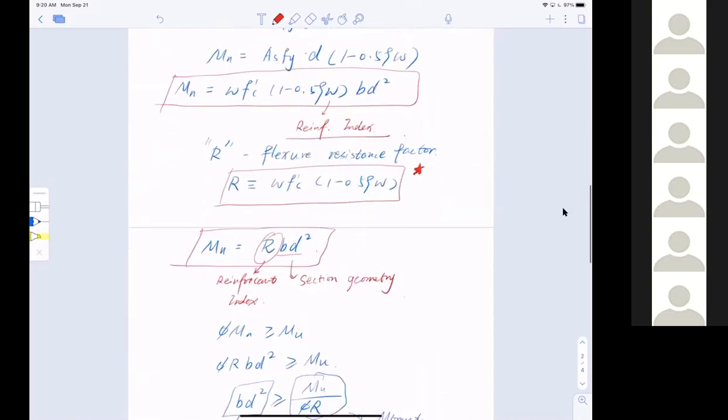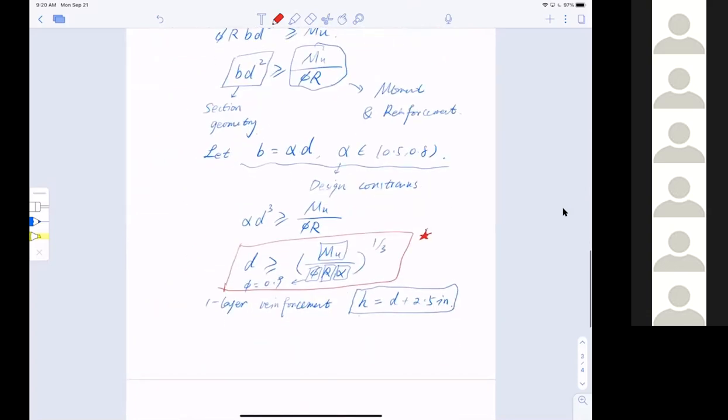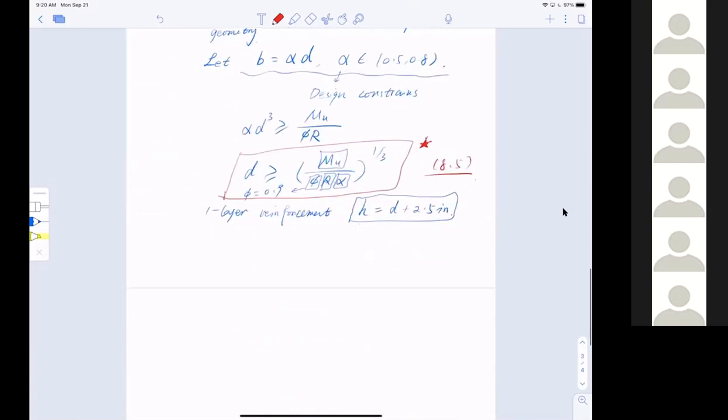And with that, we introduce a resistance factor, R. And eventually a moment equation, 8.4, and the end design equation, 8.5. So remember 8.1 to 8.5, all these five equations for design.